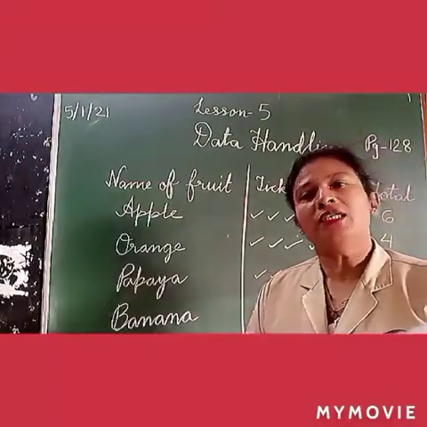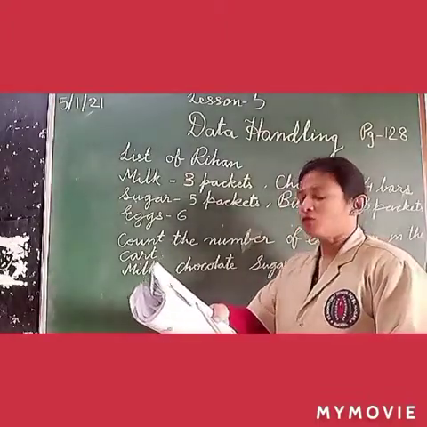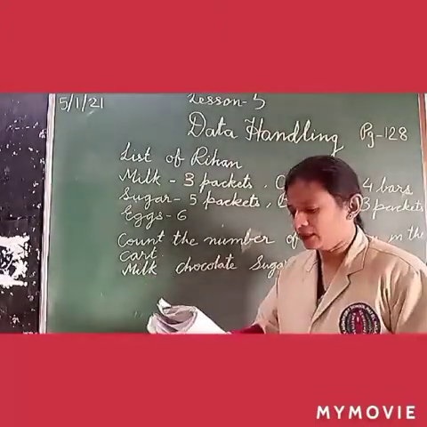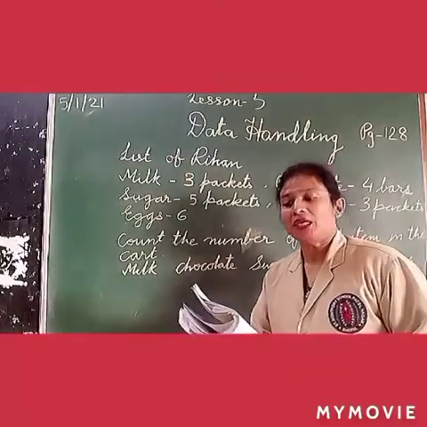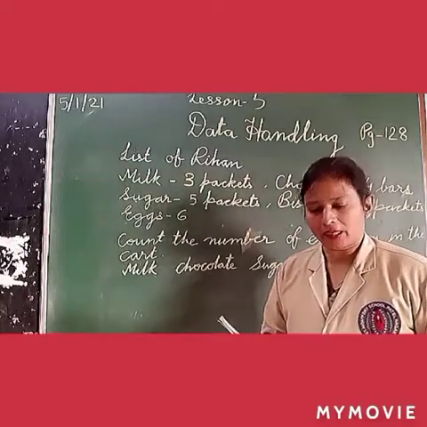Let us come to the second question. Second question is, you can see on page number 129, Rehan made a list of items he wants to buy from the supermarket.